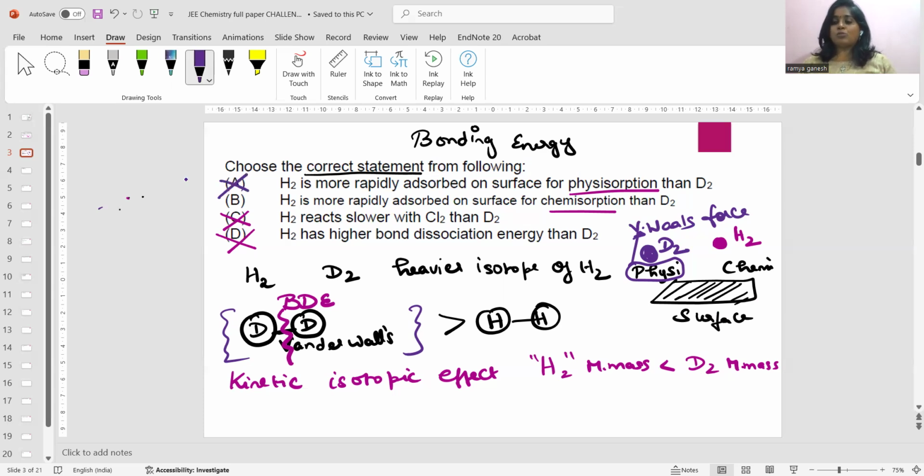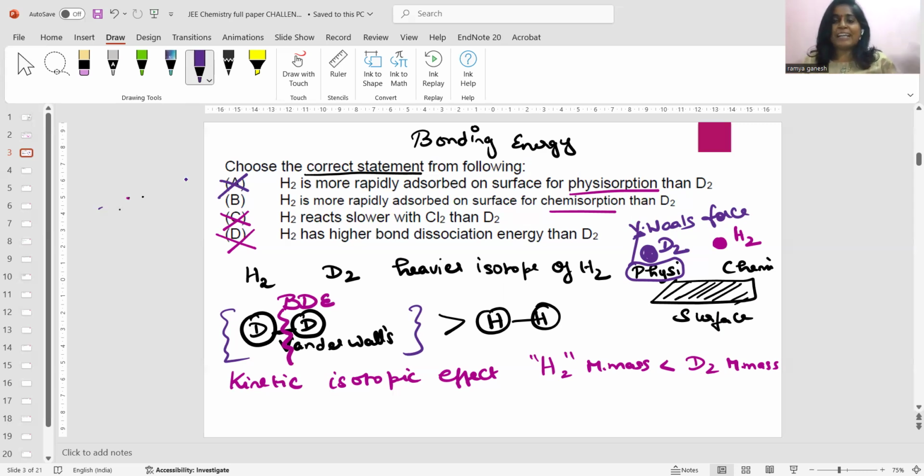Going on for chemisorption. Chemisorption is relative with respect to bond formation. When will it form? When some amount of energy is required. Again, van der Waals force of attraction is coming to help us. Deuterium has so much bond dissociation energy. If I supply some energy, compare the energy required to break the bond between the two hydrogens and the two deuteriums, which would require more?